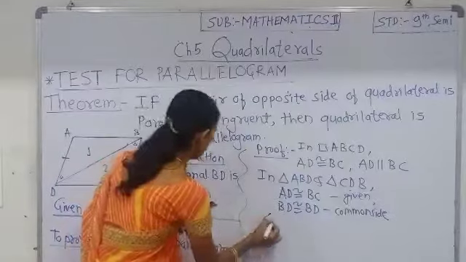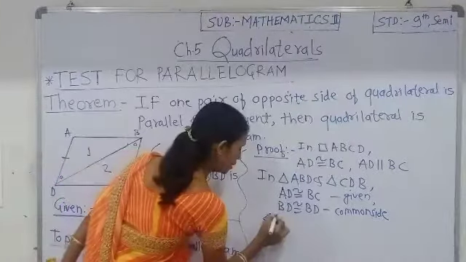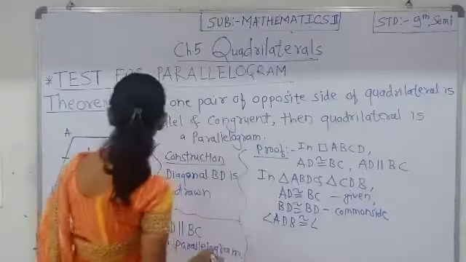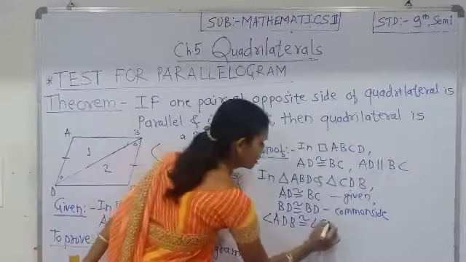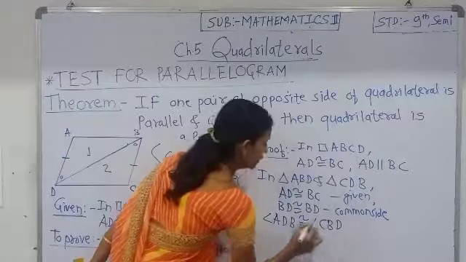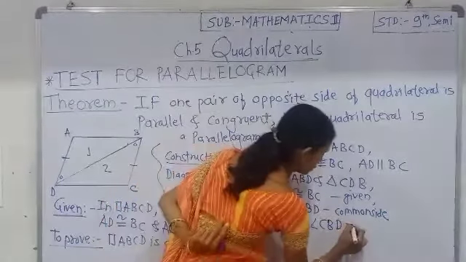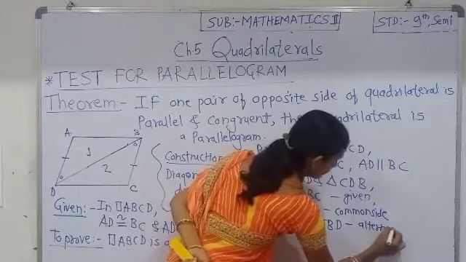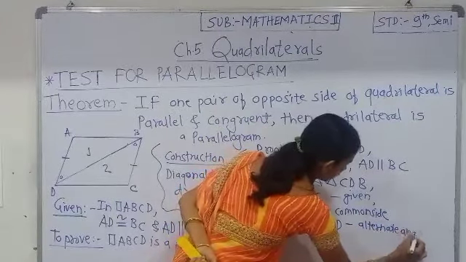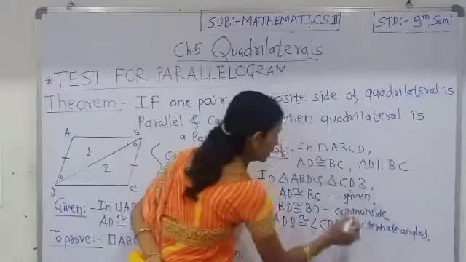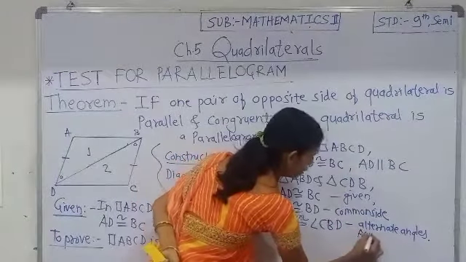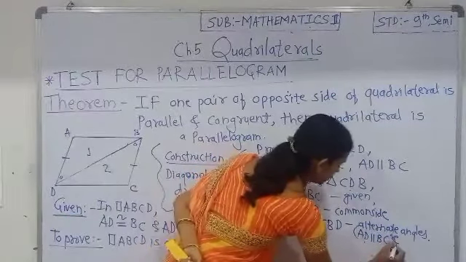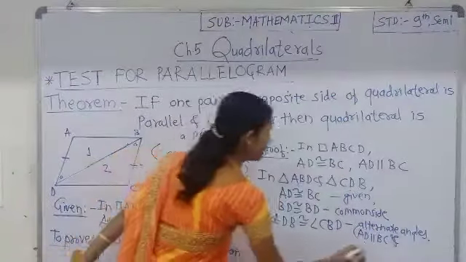Angle ADB congruent angle CBD, because those are alternate angles, as AD parallel BC is given and transversal BD is considered.